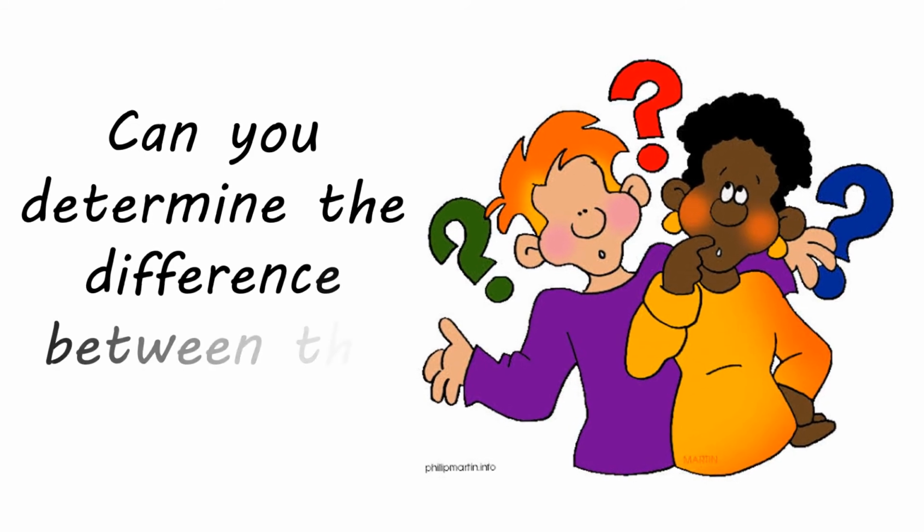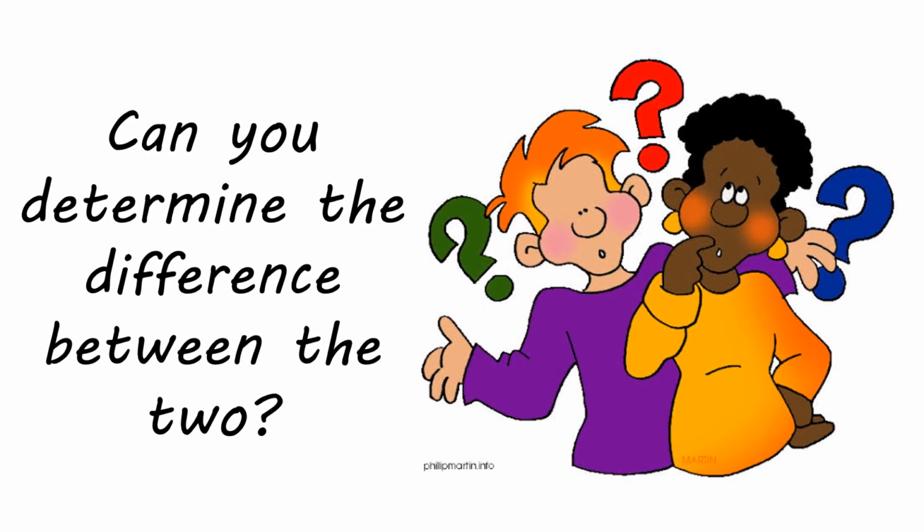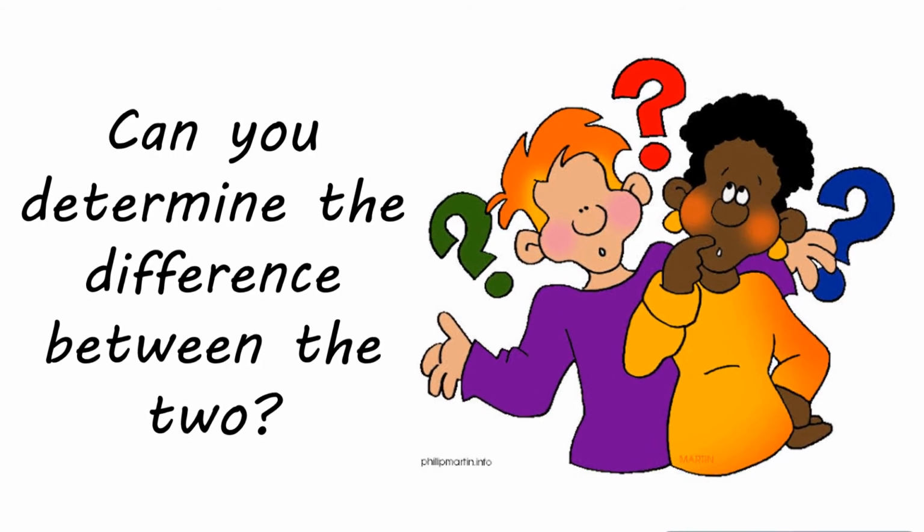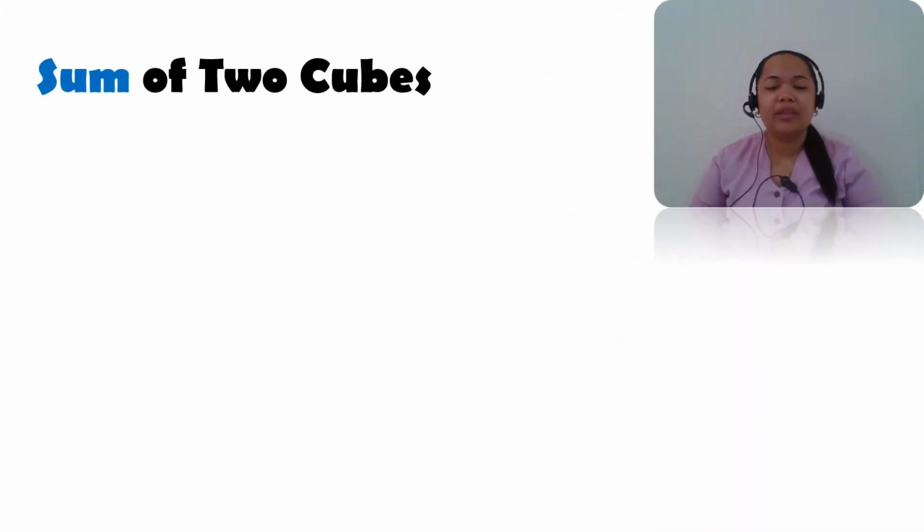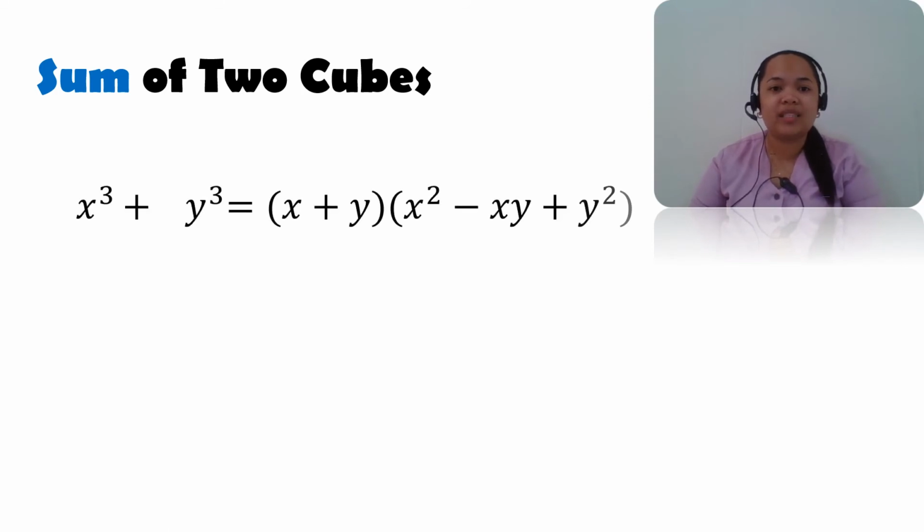Can you determine the difference between the two? To summarize, the factors of the sum of two cubes, which is x cubed plus y cubed, is equal to x plus y and x squared minus xy plus y squared.